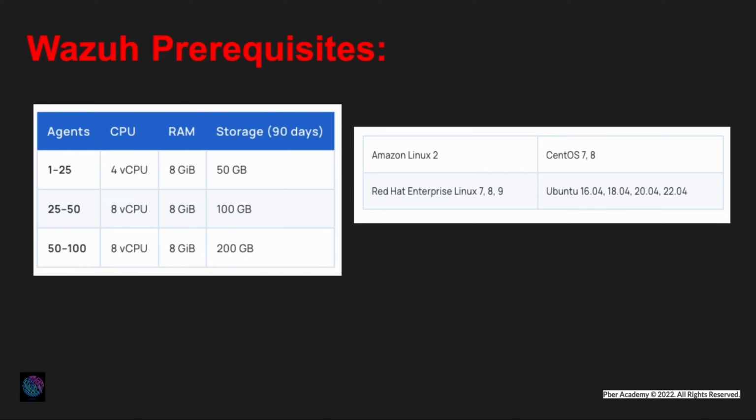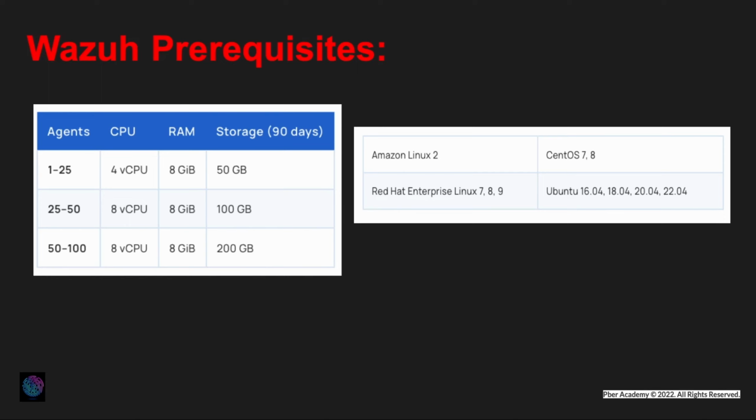For me, I'm just going with the first option because I'm going to install this on just 3 or 4 virtual machines only. So I'm trying to reduce the requirements here, otherwise I'll be running out of resources.